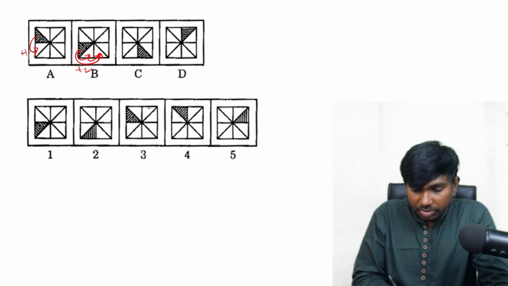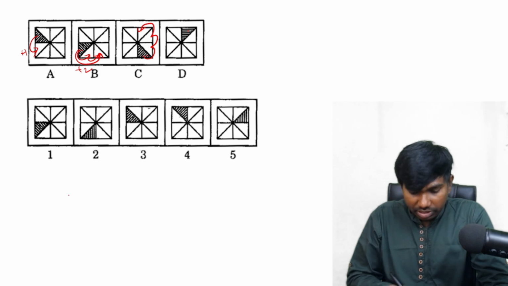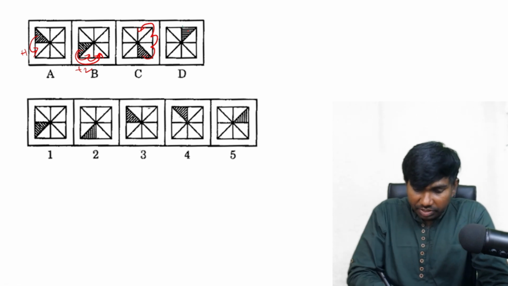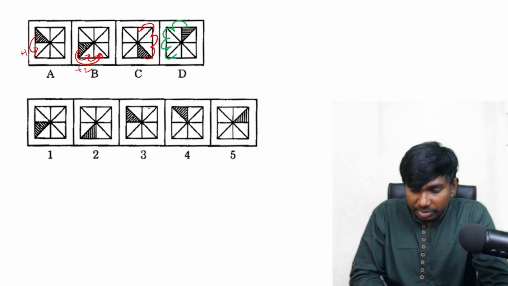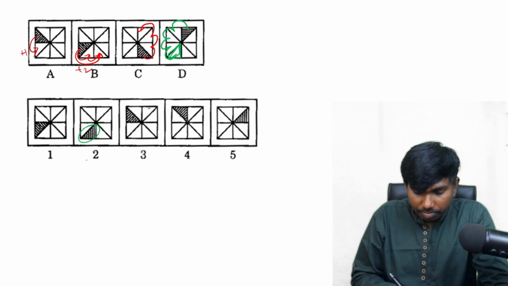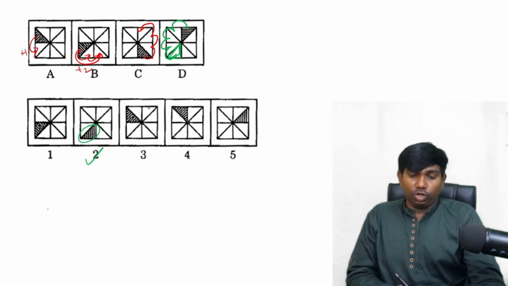From here 1 2 3, +3. From here we should shift it by 4 positions in the anti-clock direction. I'm shifting it 1 2 3 4. That means this part must be shaded. So which figure is having that part shaded? This one. So the answer is figure 2.